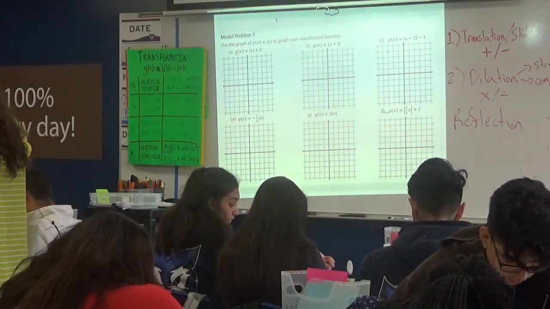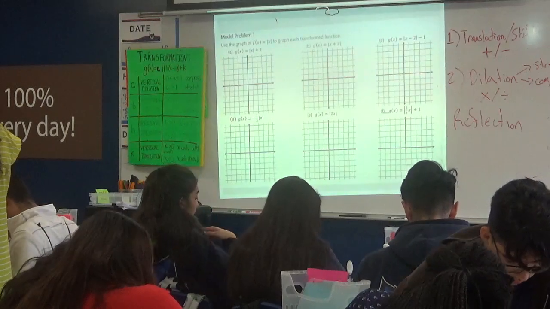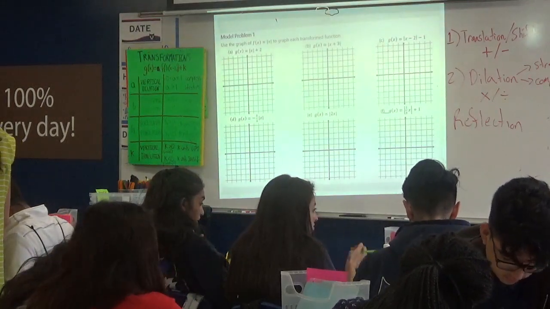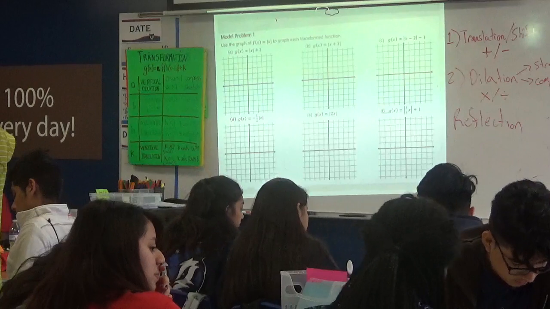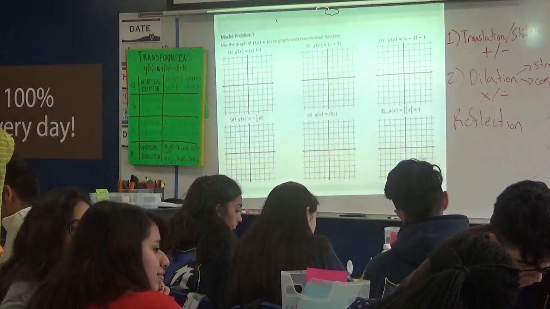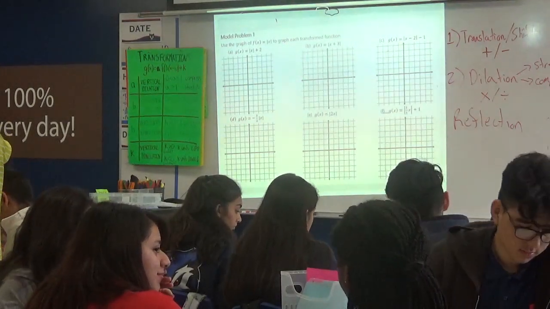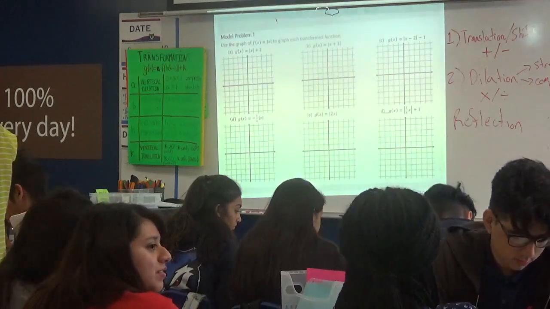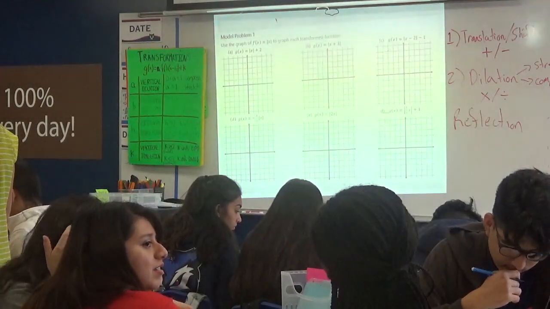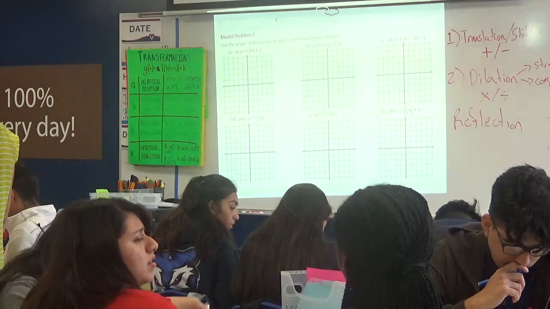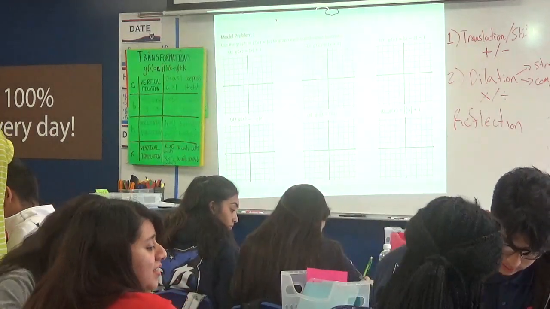Okay. We're to the stretch, compress land. So first the negative. The negative's on the outside, so again, think about your shield. Is it going to go up and down, or cross the x? It's going to go the other way, right?